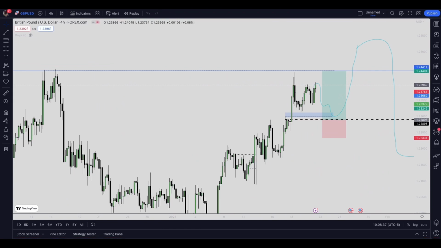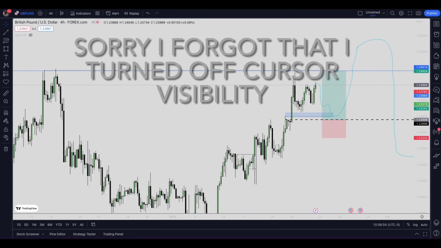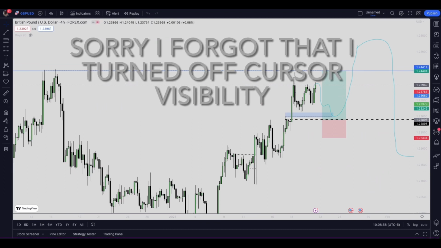And my idea of price movement is, since we failed to make a retracement higher than this last high, I am anticipating a short-term market structure shift, and we also failed to close above this swing high.